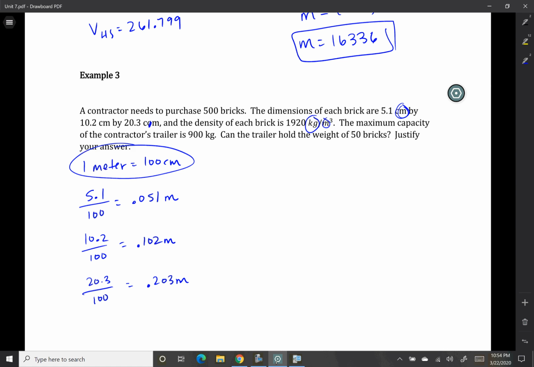So if we find the volume of a single brick, it's length times width times height, so 0.051 times 0.102 times 0.203. Type that all into our calculator. You could do that without me uploading my calculator there. Just type it in.